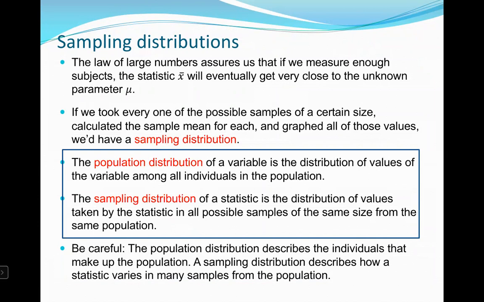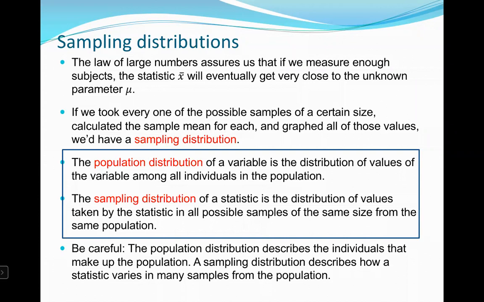So the mean of the sample will become closer and closer to the mean of the population if we take larger and larger sample sizes. If we took every one of the possible samples of a certain size, calculated the sample mean for each, and graphed all of those values, we'd have a sampling distribution.